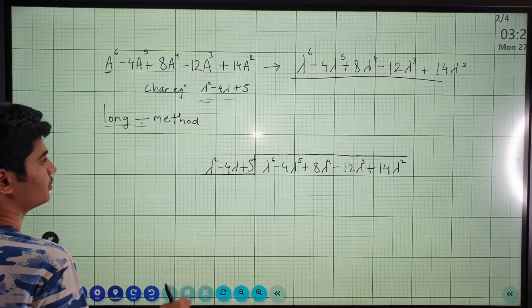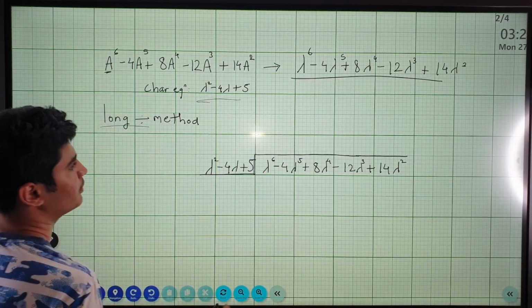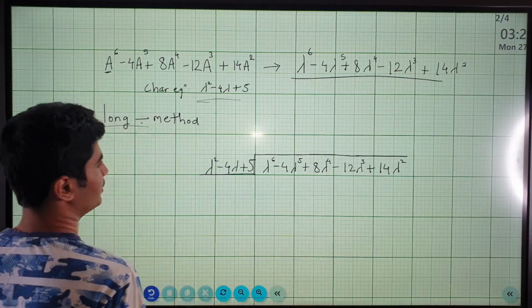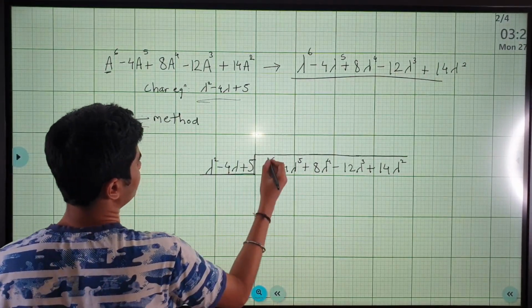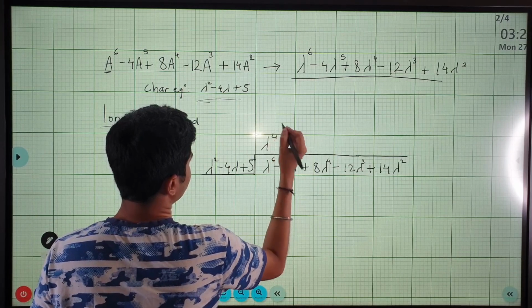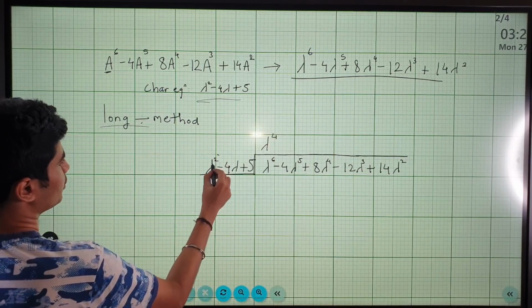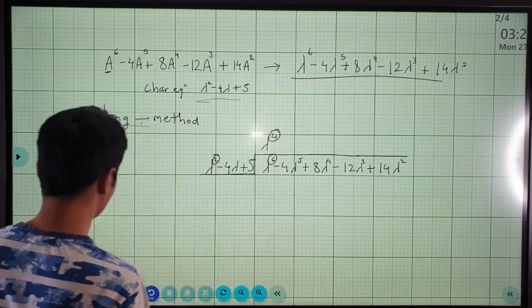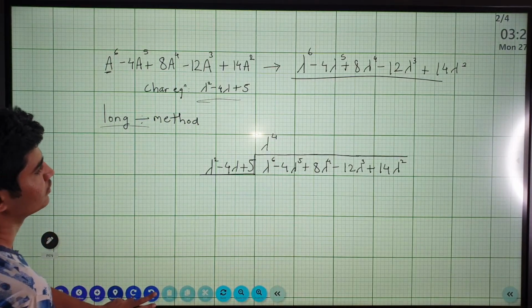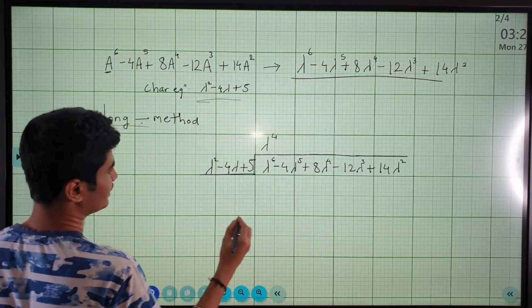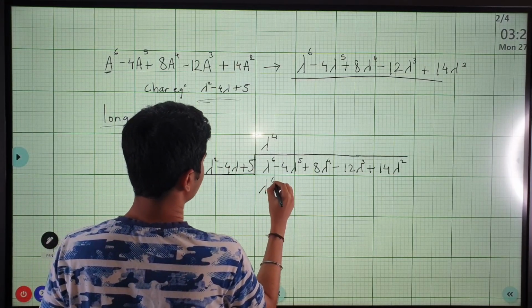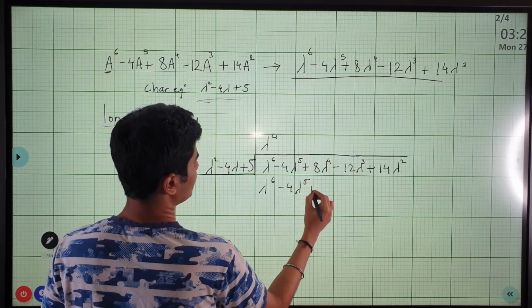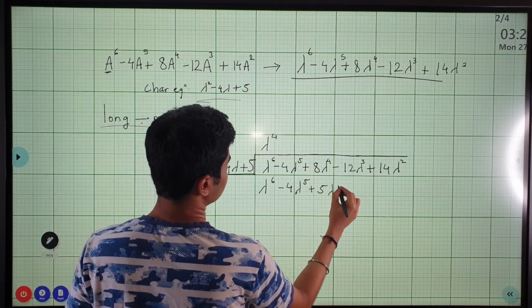So now we are just going to divide this by this, and you might have studied this in your earlier classes. This is a pretty simple division. So we can just multiply λ⁴ here, as λ² into λ⁴ will give us λ⁶. So by multiplying this, we get the equation as λ⁶ - 4λ⁵ + 5λ⁴.